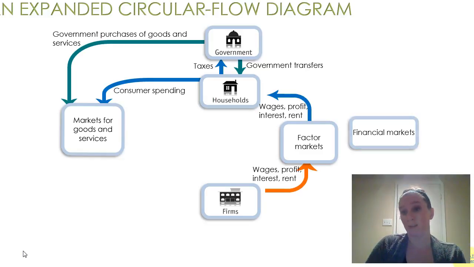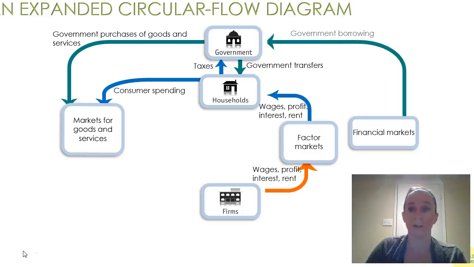Let's bring in another part of this, would be the financial markets. So we've talked about buying concrete things, right? In the factor market, you're purchasing labor or you're renting a building for your business. And for households, you're going to be spending on things, goods and services. Again, with governments, they're either paying people or they're paying for goods and services.